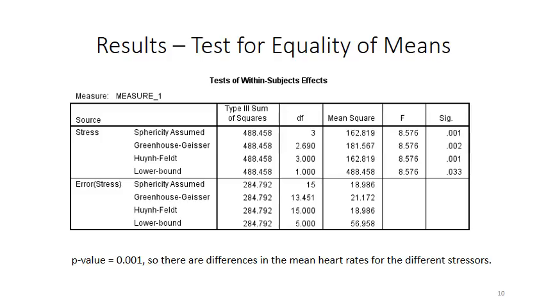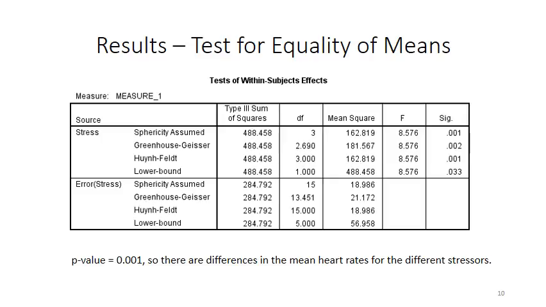In this slide, we test the hypothesis that the means of all 4 groups are equal versus an alternative that at least one mean is different. Since the sphericity assumption is satisfied, we will use the first line. The upper part of the chart gives the sums of squares and mean square associated with the effective stressor.